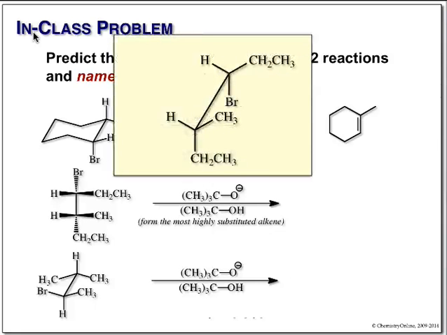Let's take and convert this to a sawhorse. Now with the sawhorse, bromine and the ethyl group, this guy and this guy, are both down. The other two groups here, all these are facing up. Now, in order to do our elimination, we have to take this hydrogen and move it so it's anti-periplanar to the bromine.